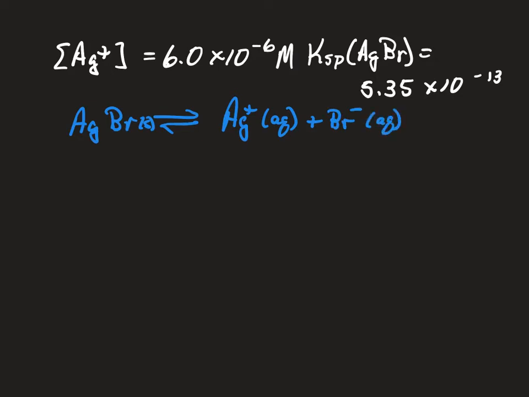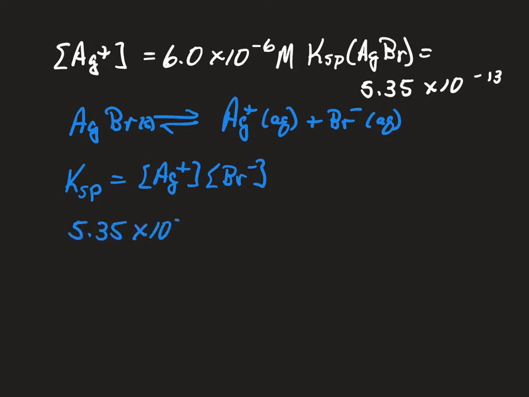Our KSP is going to be the concentration of silver ions times the concentration of bromide ions, each raised to the first power. We know that our KSP is 5.35 times 10 to the minus 13, and that's equal to our concentration of silver ions, 6.0 times 10 to the minus 6, times the concentration of bromide ions.